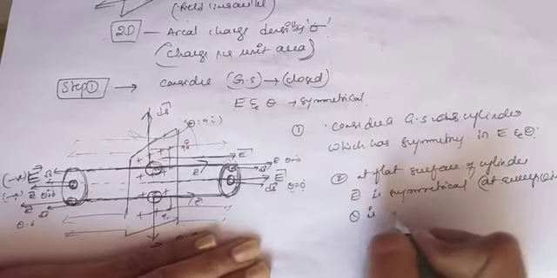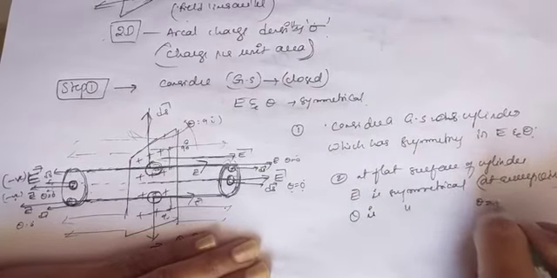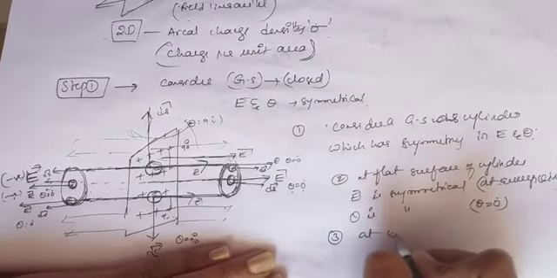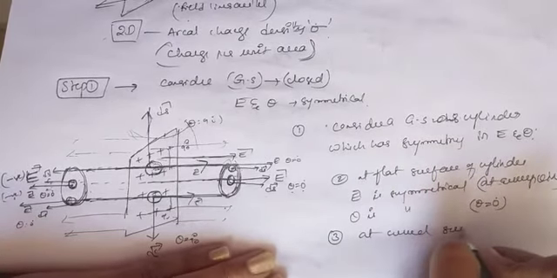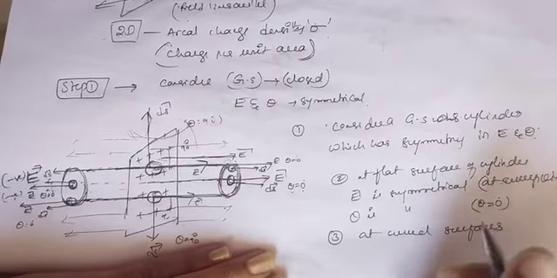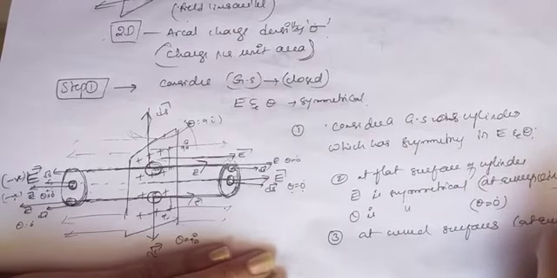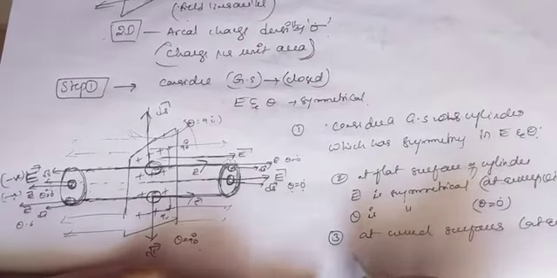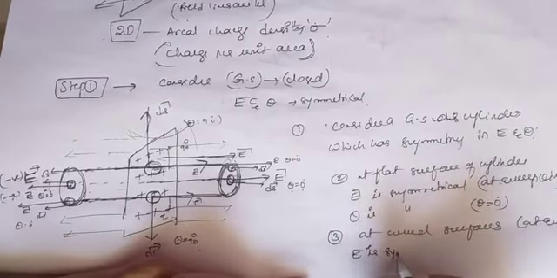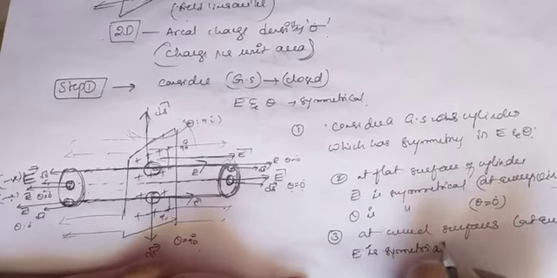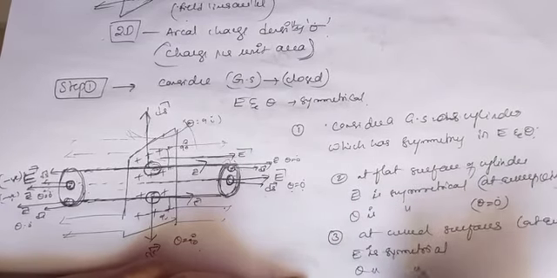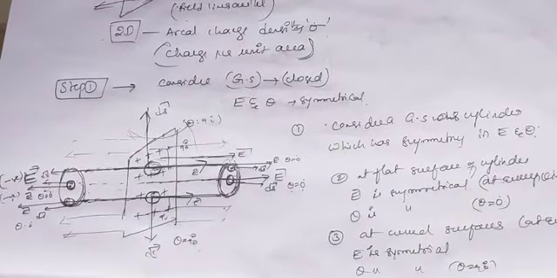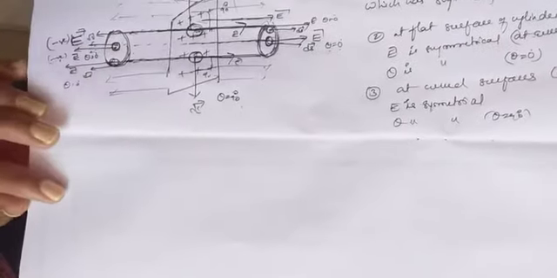Theta is also the same, theta equals 0 degrees. Now at the curved surface, at every point E is symmetrical, E is the same, and theta is also the same, but theta equals 90 degrees.